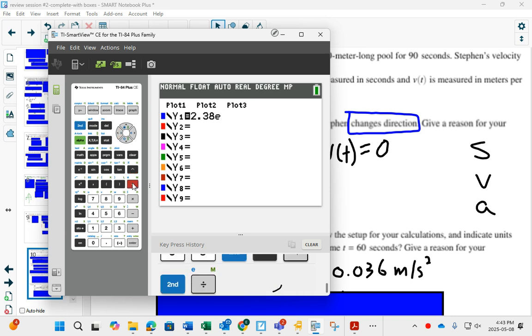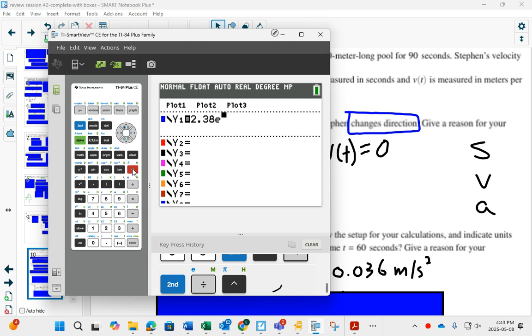E to the exponent of negative 0.02 x times sine. Can anybody see what I could possibly run into a problem with what I'm doing right now? Kind of hard to see on my calculator, but maybe you can see it from where you're at.